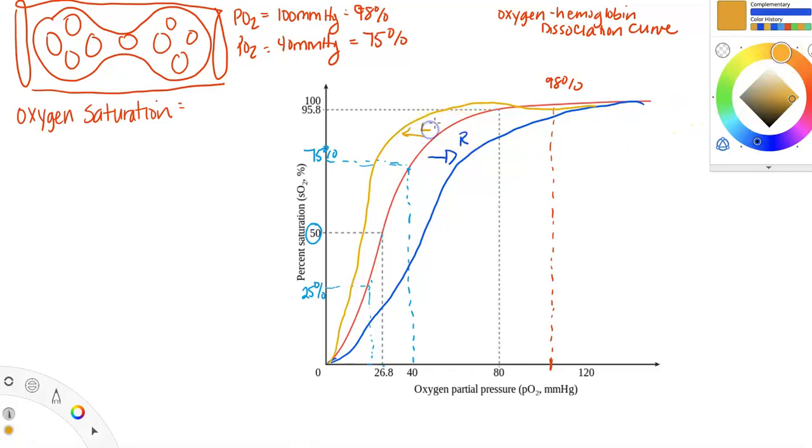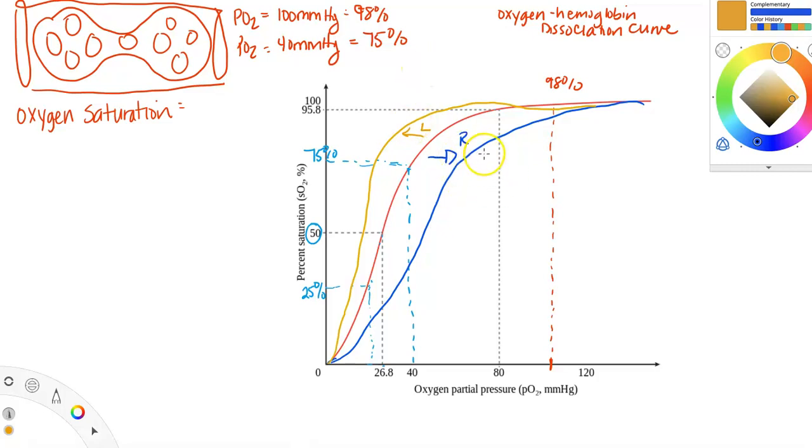Well, if it goes to the right, it just shows that the oxygen is going to jump off the hemoglobin a lot easier and a lot quicker. And to the left, we're basically changing the partial pressure in the environment enough to hold on to that oxygen more, and make it harder for the oxygen to get off.